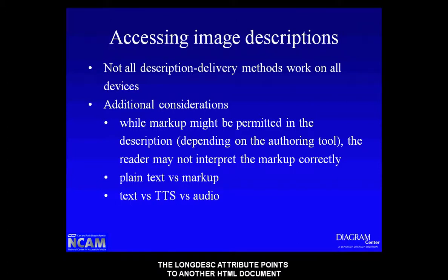The longdesc attribute points to another HTML document, and an HTML document can take any kind of markup. So that's a very useful way of delivering descriptions in formats like data tables or lists. However, that useful markup may not be able to be put into a digital talking book and its way of delivering an image description, say through a prod note.